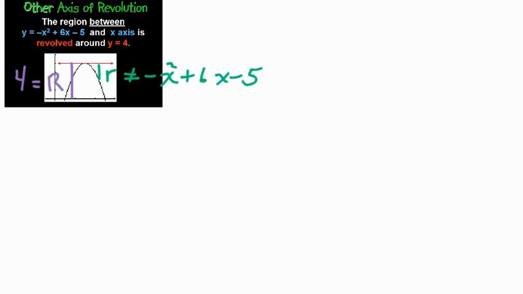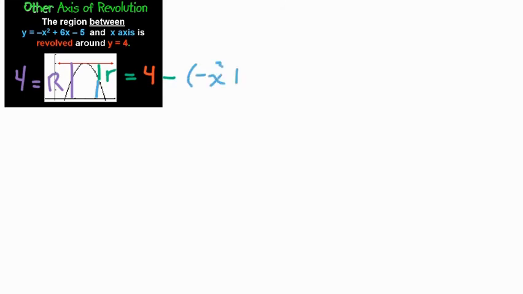Now, what you want to understand here is that the parabola is actually this distance that I'm going to put in blue. You see that distance right there would be equal to negative x squared plus 6x minus 5. So if we want to find the little r, we're going to have to do a little subtraction. It's the old adage where you subtract the full distance, that is 4, minus the little distance, that is the parabola.